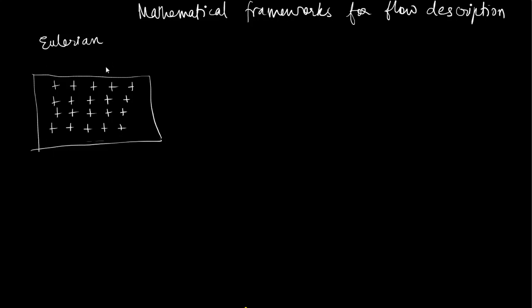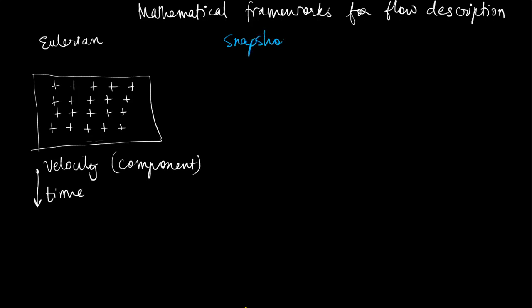So at all the spatial points in the domain, I know the information about the velocity, all its components, and how they will evolve in time. So at a given snapshot, if I take at a given time a snapshot of the velocity, I will have something like this.